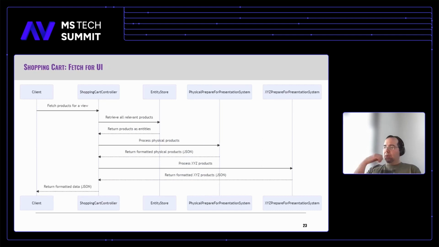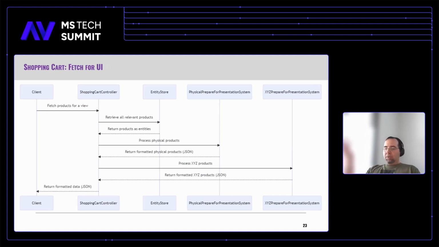Now, fetching for the UI. This chart, this UML seems a bit involved, but it's actually very simple. Shopping controller will fetch the relevant entities, right? But not necessarily, but conceptually it will fetch the relevant entities. And it will send them to each system per component combination.